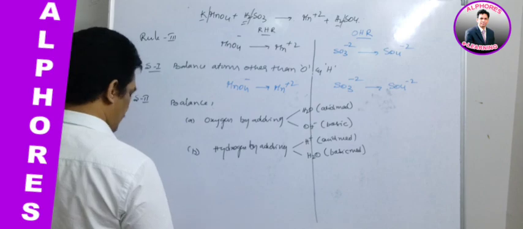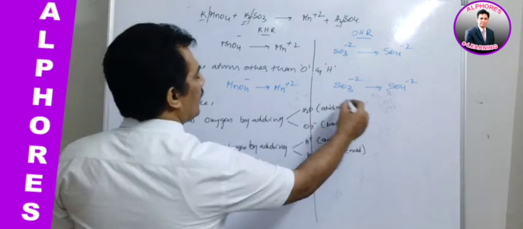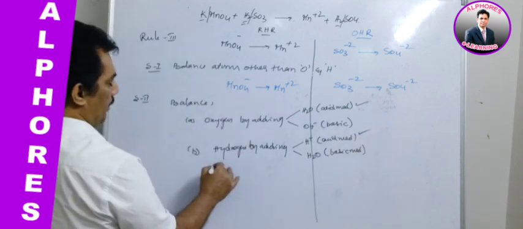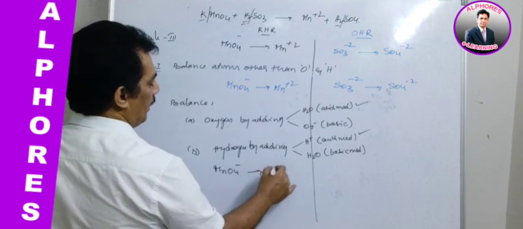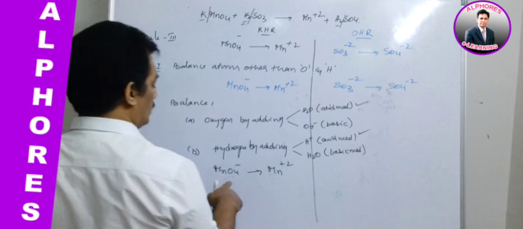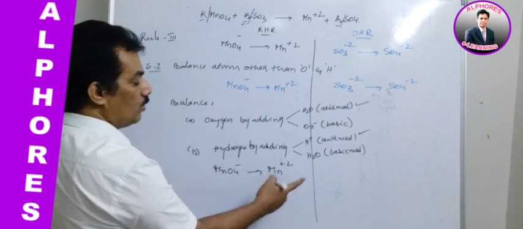Here first of all we have to apply these two, and as we are following acid medium for this purpose, MnO4 minus giving Mn plus 2. First let us balance oxygen. How many oxygens this side? 4 oxygens. This side no oxygens.